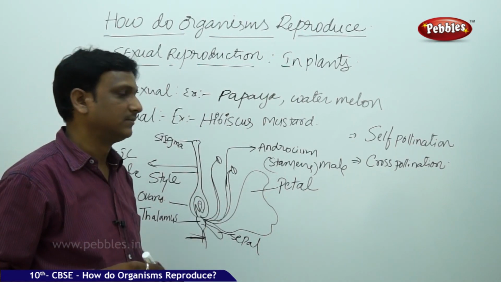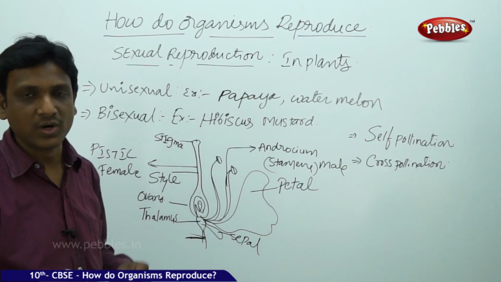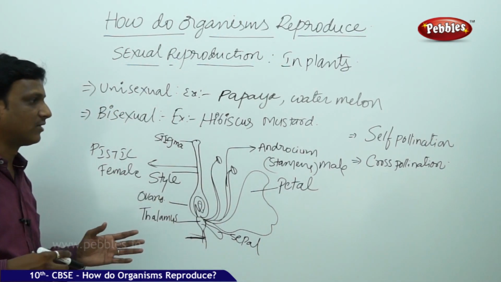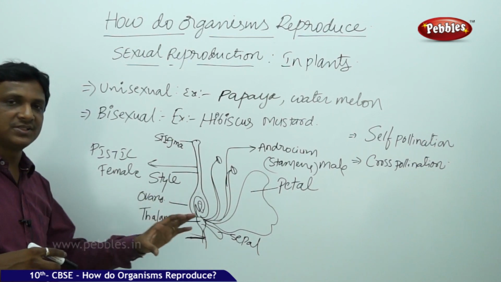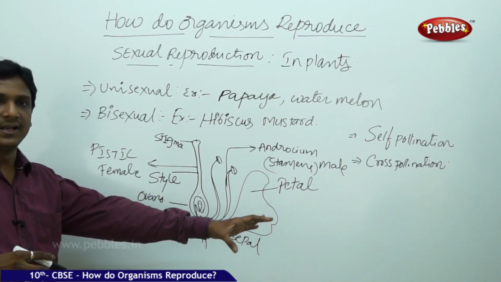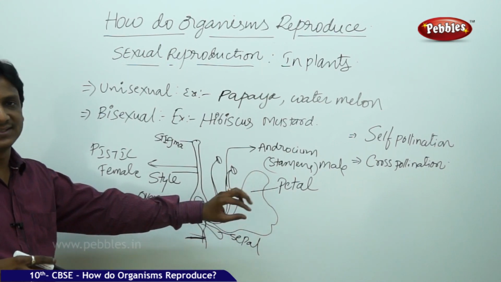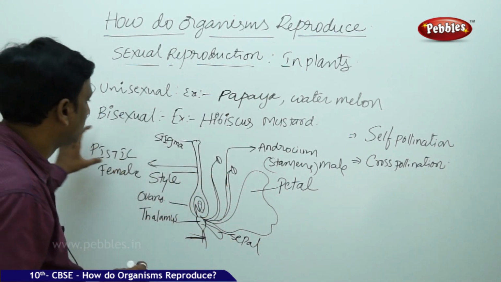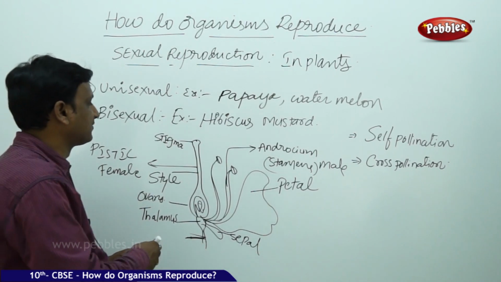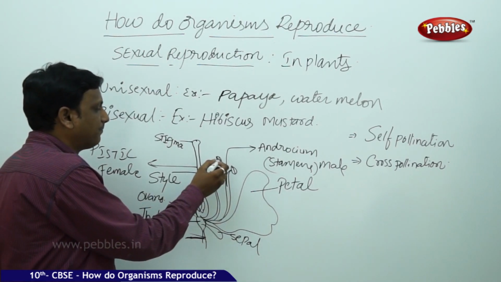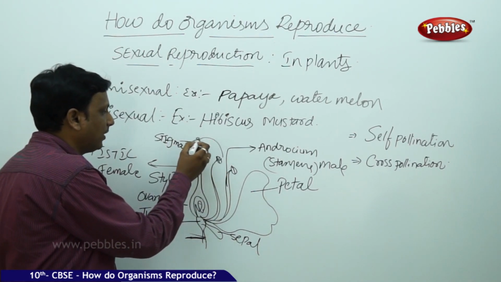Whether self-pollination or cross-pollination, it happens with the help of agents like wind, water or insects. Major contribution is made by insects for the transfer of pollen. So the pollen reaches from the anther to the stigma.